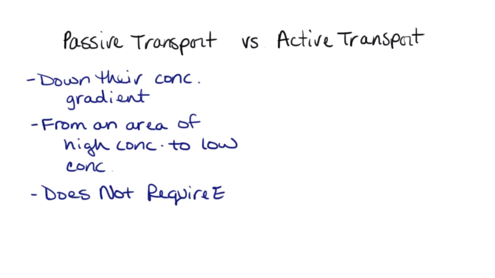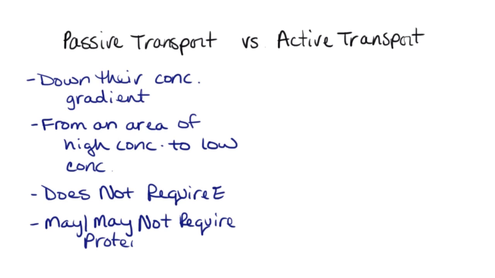And in addition to that, this may or may not require proteins. So the proteins that we're talking about here would be the transport proteins. So we may or may not require the use of channel proteins and carrier proteins.